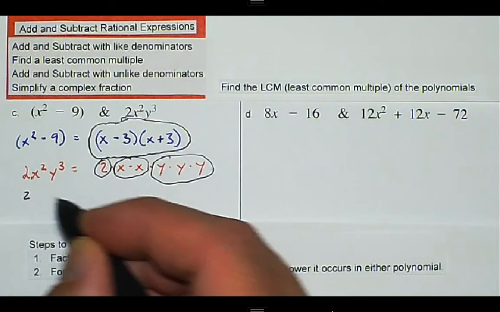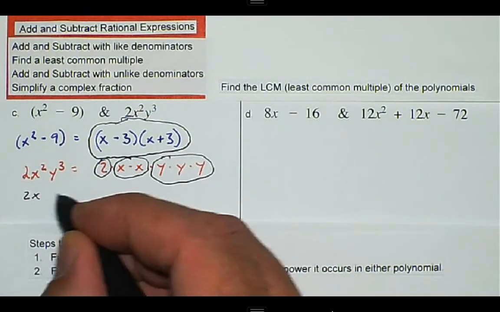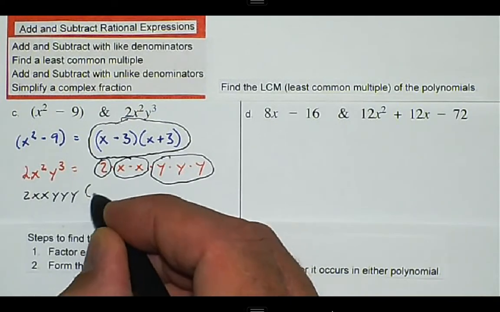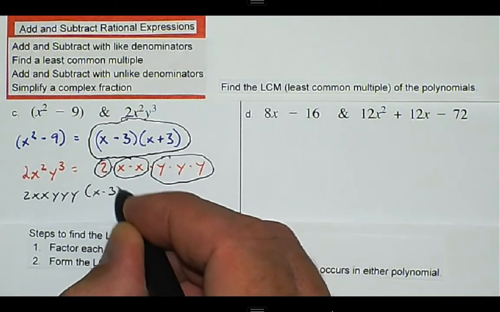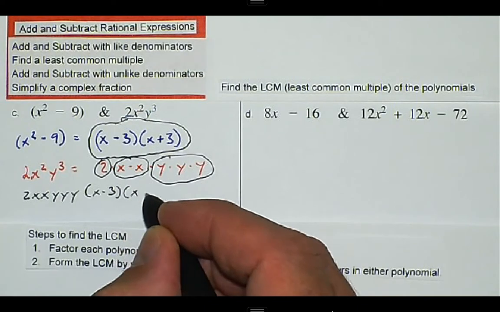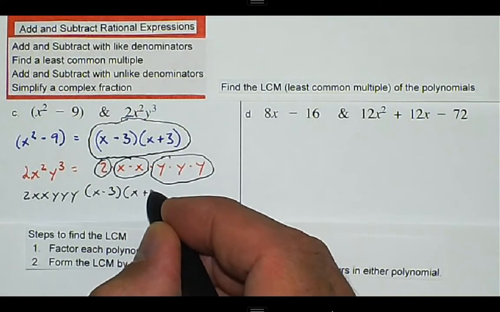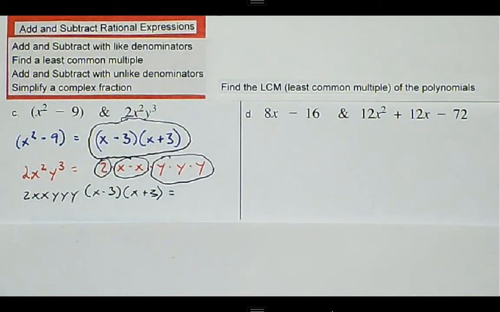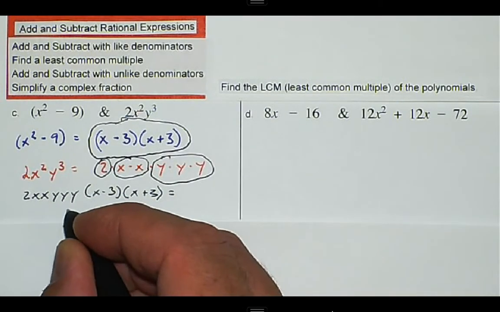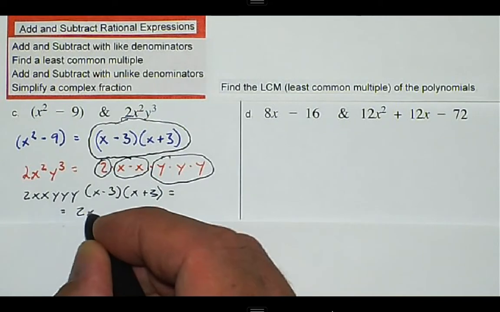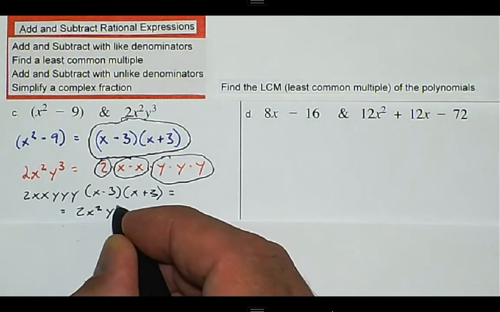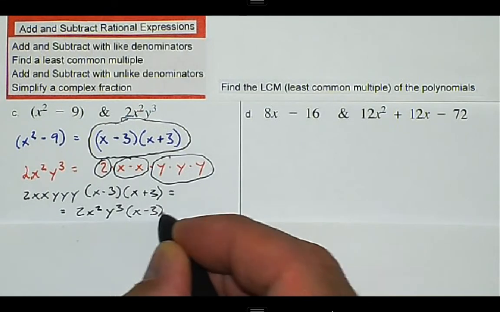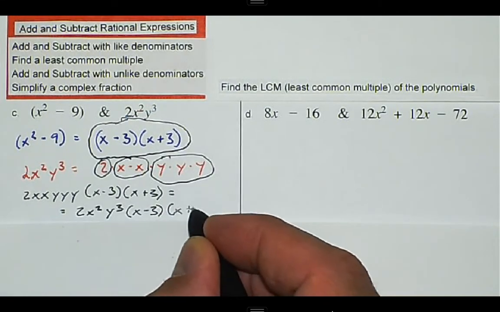So we have 2 times x times x times y times y times y times x minus 3 times x plus 3. And we can write that as 2x squared y cubed times x minus 3 times x plus 3.